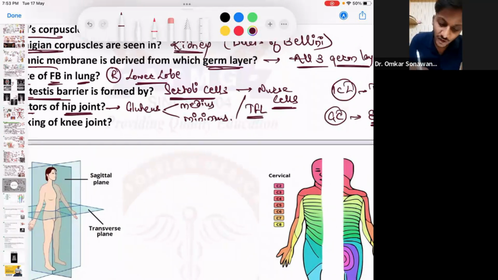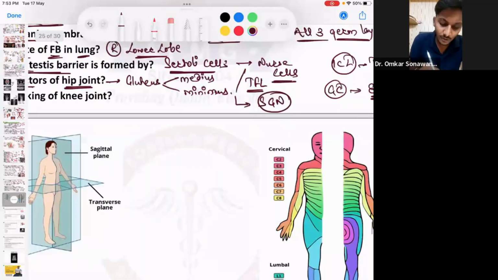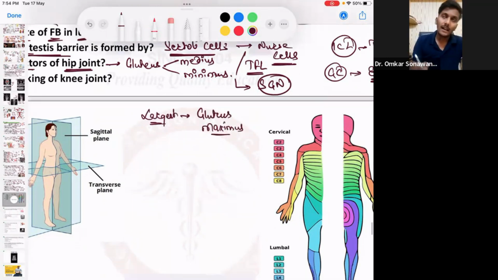All of these structures are innervated by which nerve? The superior gluteal nerve. If they ask you the largest muscle, not longest, the largest muscle is gluteus maximus. What does gluteus maximus do when it contracts? Stability is given by the iliofemoral ligament.